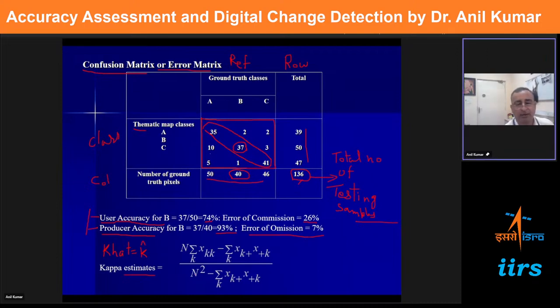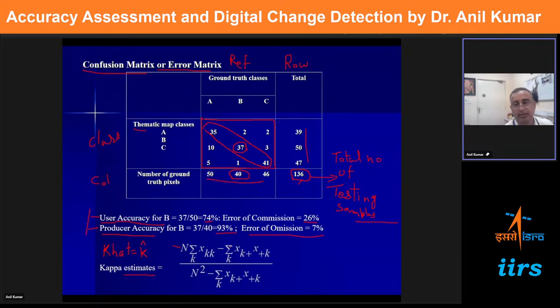In that case, people have developed the kappa coefficient, which takes care of the diagonal elements as well as the off-diagonal elements also. So here this n is the total number of samples, that is 136. Xkk is the testing samples identified correctly on the thematic map as well as on the reference map, and it is a summation. So you have to go for the summation of the diagonal elements.